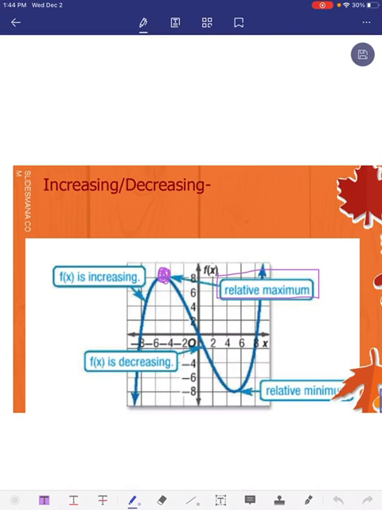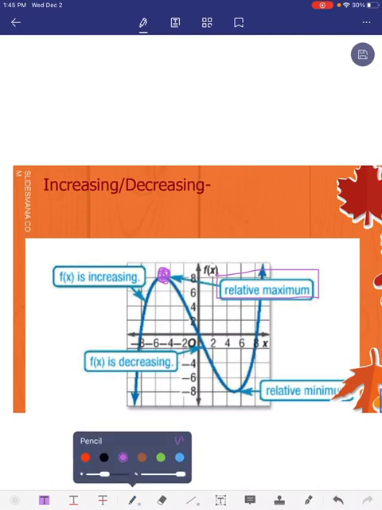Notice that it is the highest point of anything kind of around it. It's the biggest y value of the stuff that's close to it. Now notice on the other side of the graph, I have points that go up higher than that point, but I only want to look at the stuff that's kind of around it. Like I said, notice that our graph turns and goes another direction.